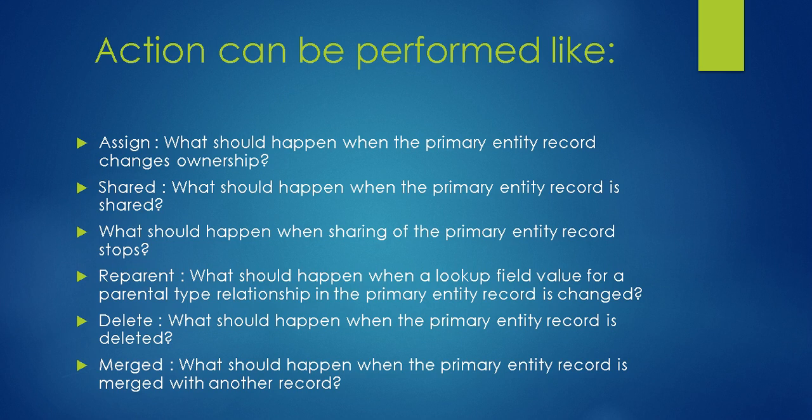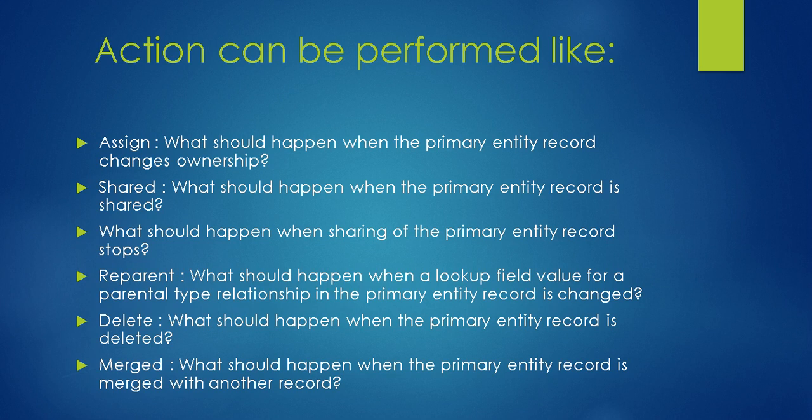Reparent, what should happen when a lookup field value for a parental relationship in the primary entity record is changed. Delete, what should happen when the primary entity record is deleted. Merged, what should happen when the primary entity record is merged with another record.